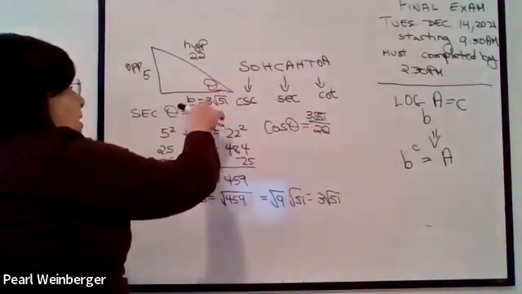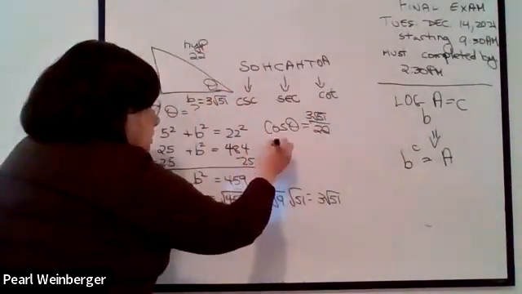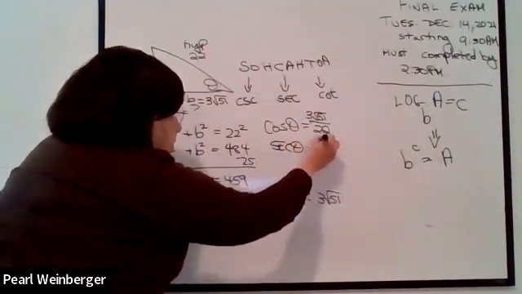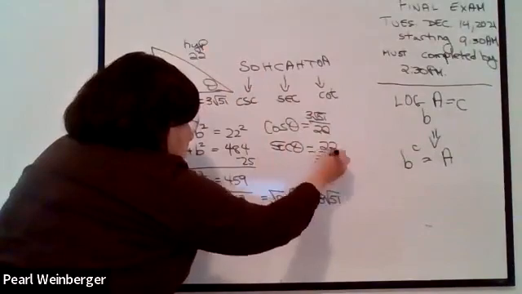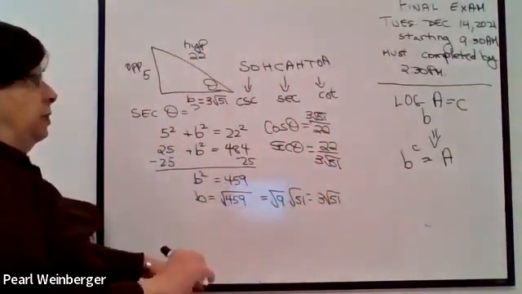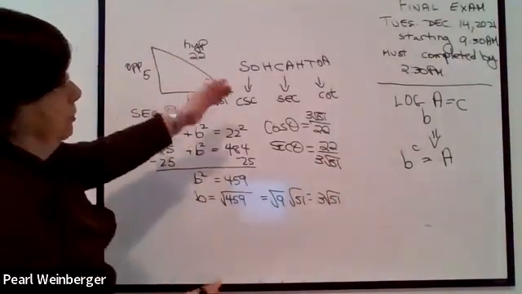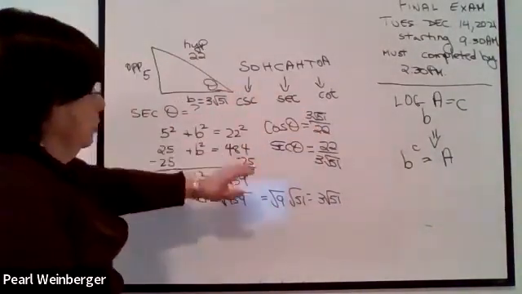So, adjacent over hypotenuse. So the secant would have to be the 22 over 3 radical 51. The reciprocal of the cosine is the secant. If we would have been asked for cosine, we would have given 3 radical 51 over 22.